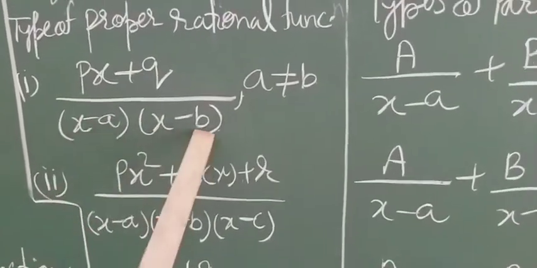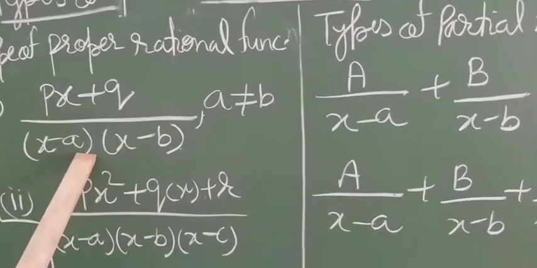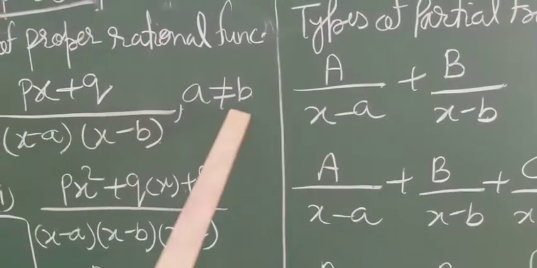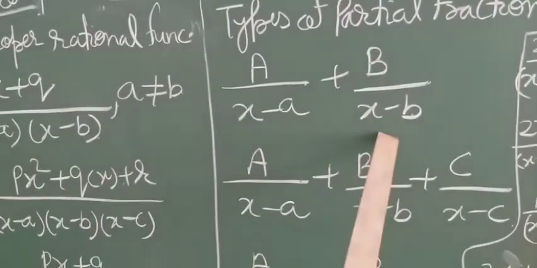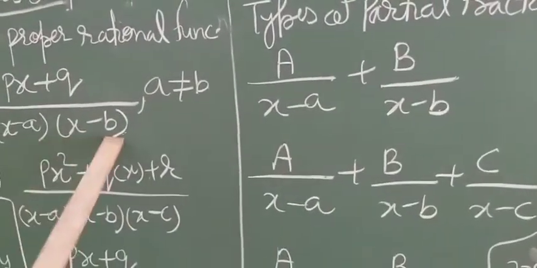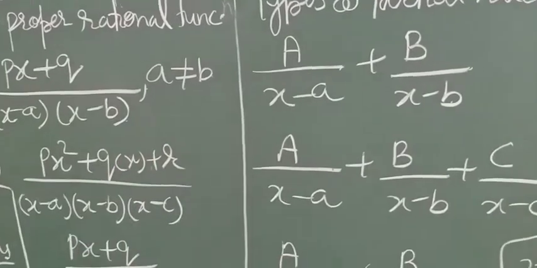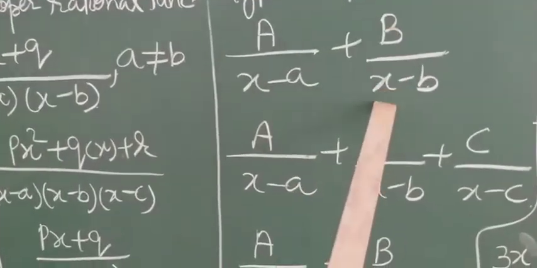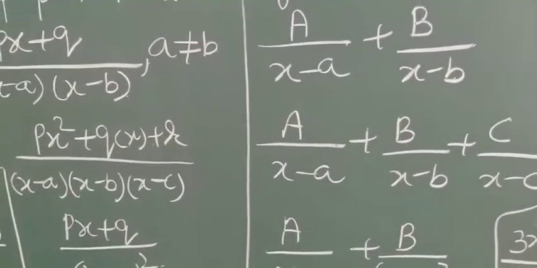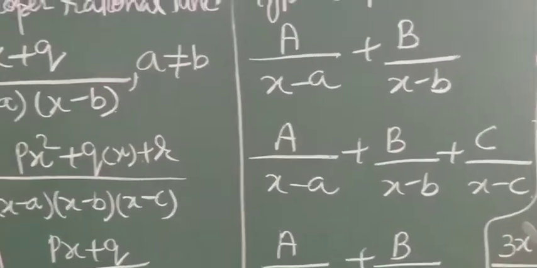So how can we find its partial fractions? We will write A upon (x-a) plus B upon (x-b), because there are two factors, (x-a) and (x-b). Why are we taking this, student?